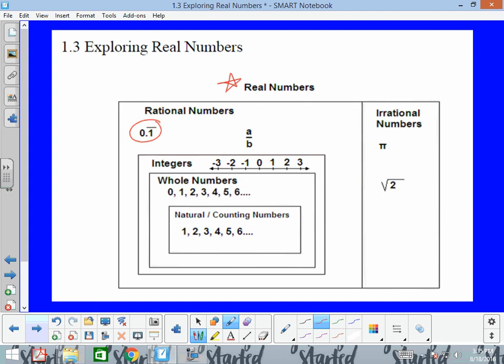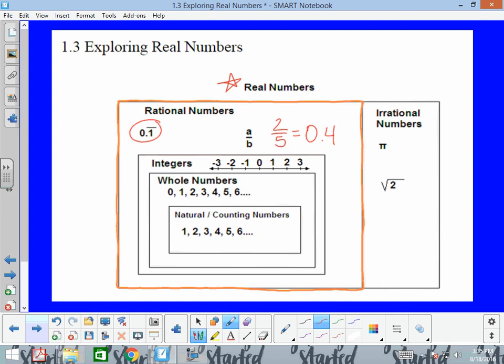For example, 2/5 is a rational number because 2/5 is equivalent to 0.4. So those are rational numbers. Now notice that this box also includes everything inside that box. So rational numbers includes integers, whole numbers, and natural numbers.